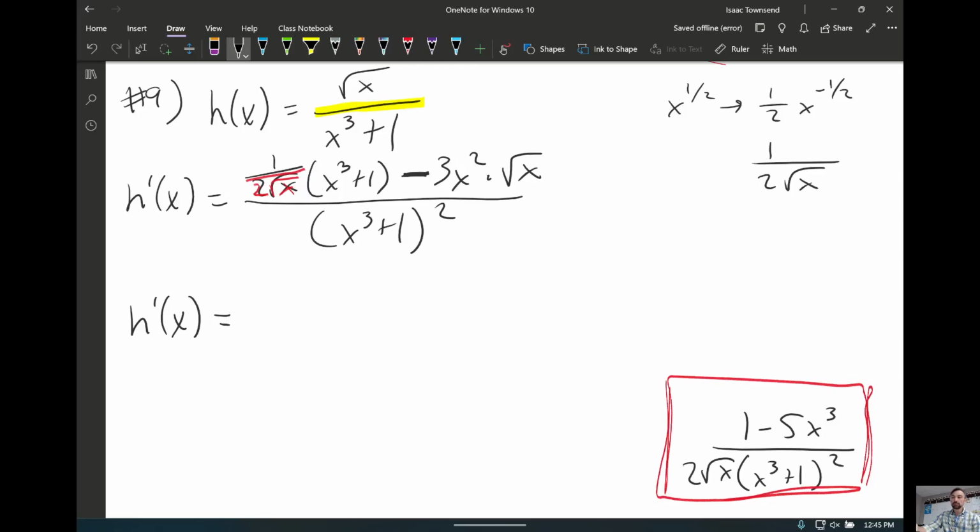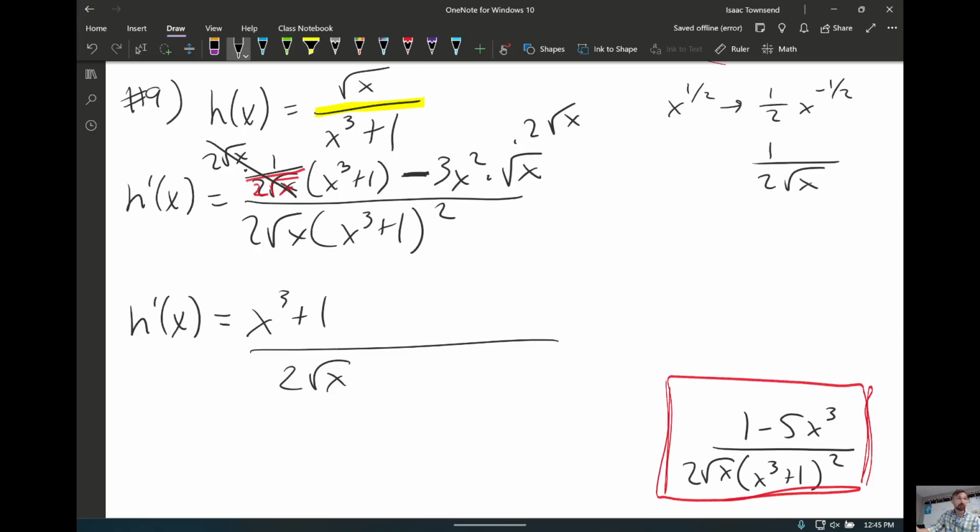I would love to multiply this term by 2 square root of x so that it cancels that out. But I can't do that without multiplying every term by 2 square root of x. So notice this is why the denominator has a 2 square root of x in it. Okay, over here, carefully multiply this mess together.